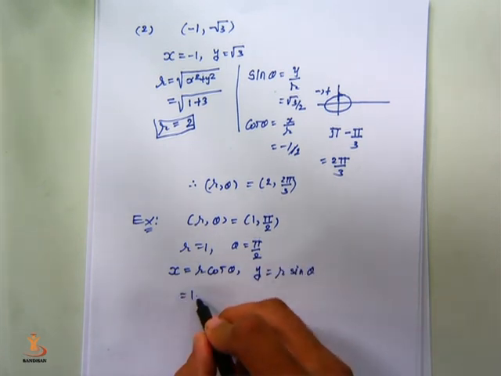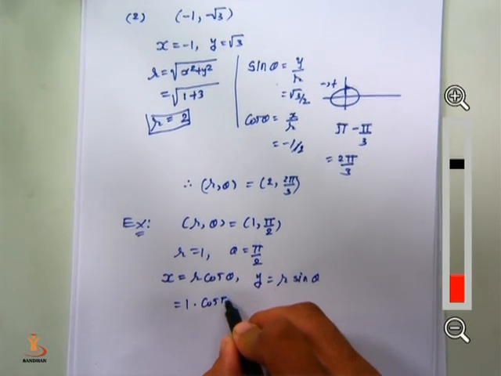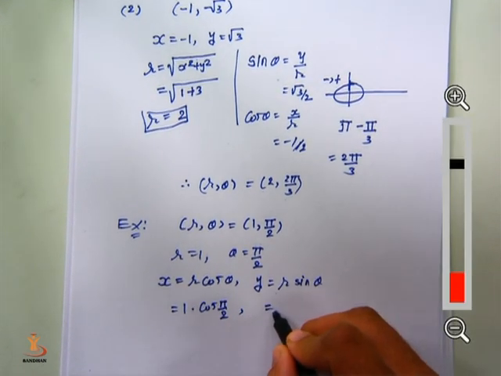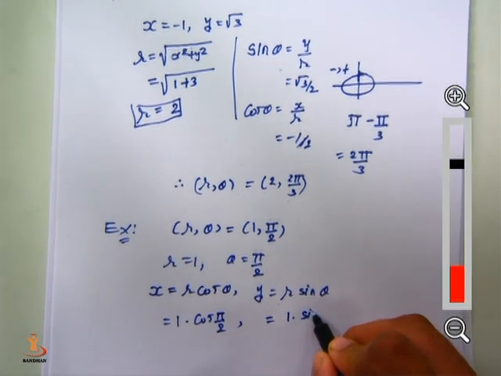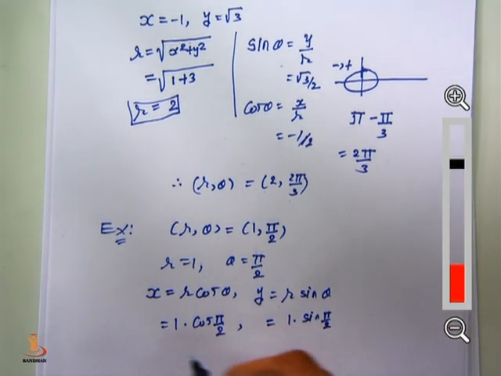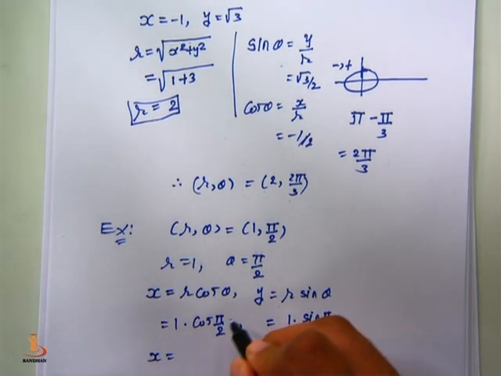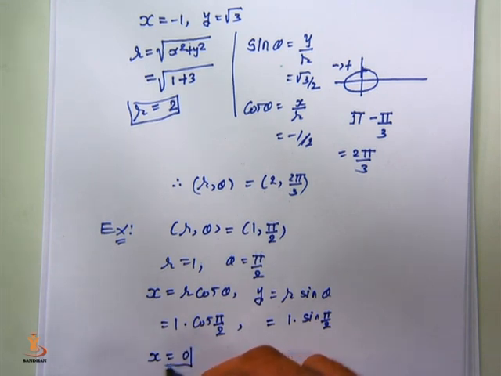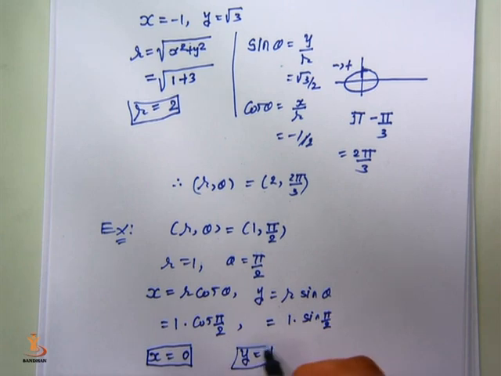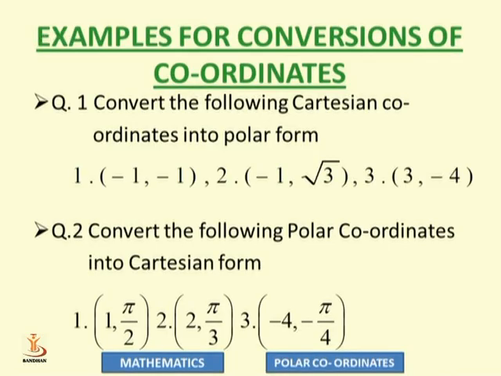So we have x equals 1 into cosine pi by 2, y equals 1 into sine pi by 2. With very basic trigonometry, cosine pi by 2 is 0, so x equals 0, and sine pi by 2 is 1, so y equals 1. So the conversion of (1, pi by 2) to Cartesian form is (x, y) equals (0, 1).